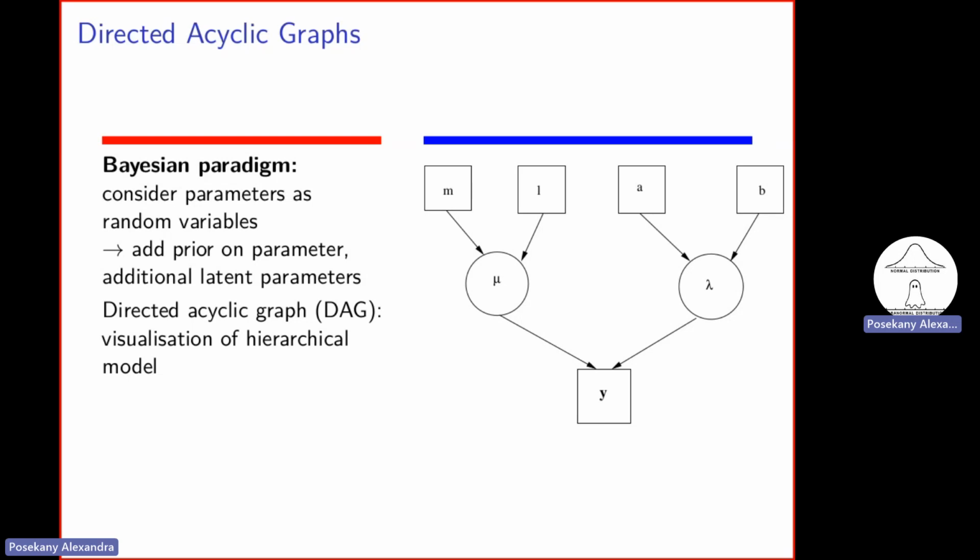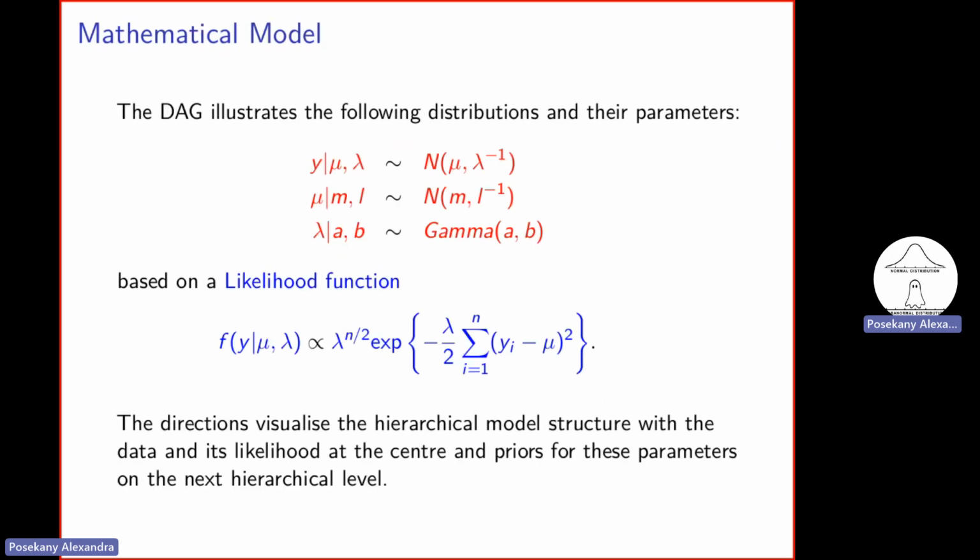And from this point, we want to think about how to do this simultaneously. So this is the mathematical model behind it. Again, I try to stay true with the color coding. So blue is the likelihood, red is the priors. You can see now that it gets more complicated, and I did it wrong because this should be blue.